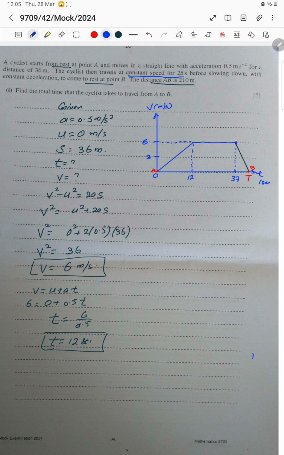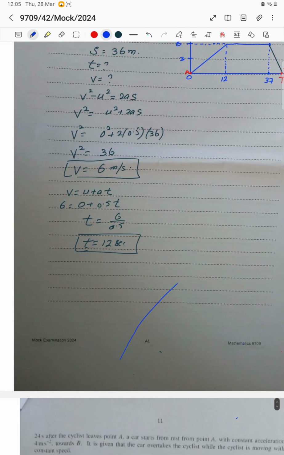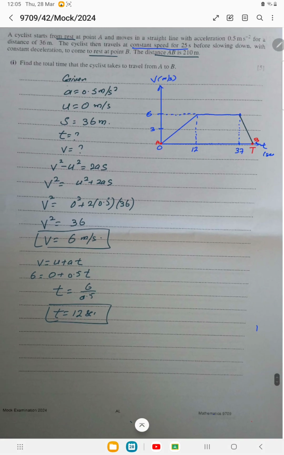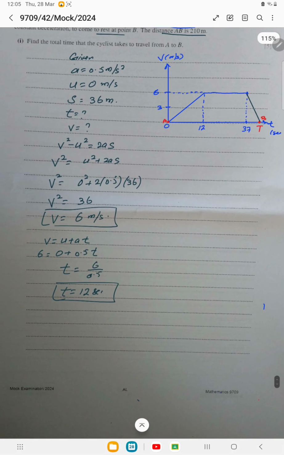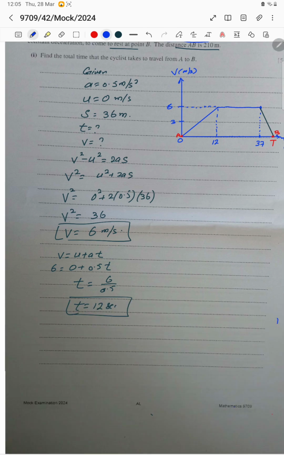So we know that, sorry, this is what page, yeah, it's back. Now okay, with this I have given total distance AB is 210 meter.